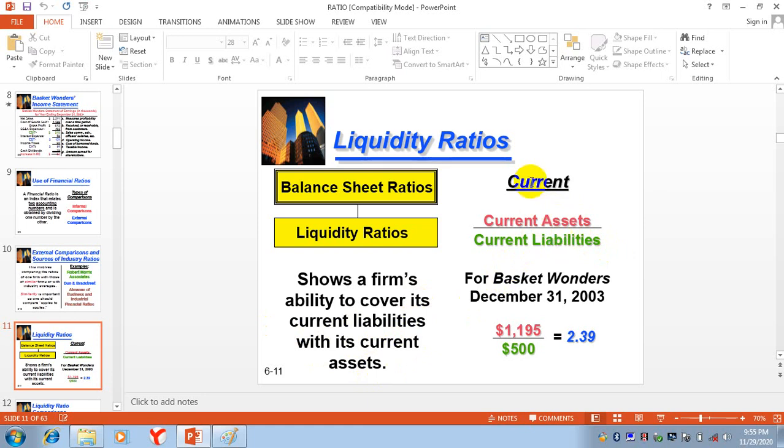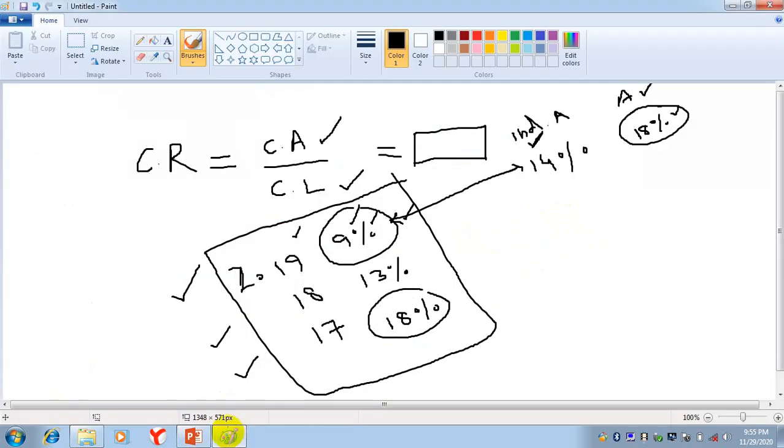This is showing your liquidity. Can you meet your short-term obligations on time or not? Current assets divided by current liabilities is equal to current ratio.